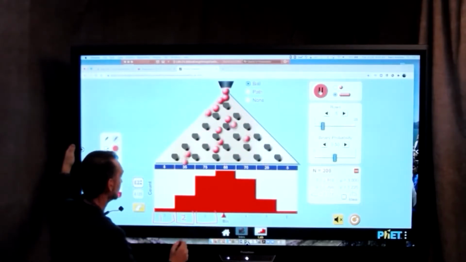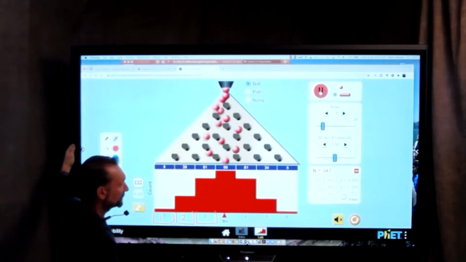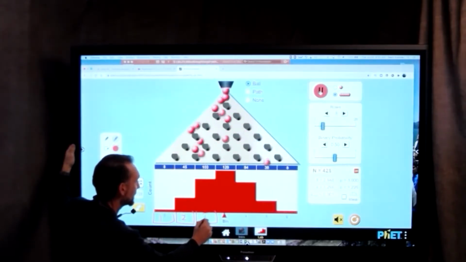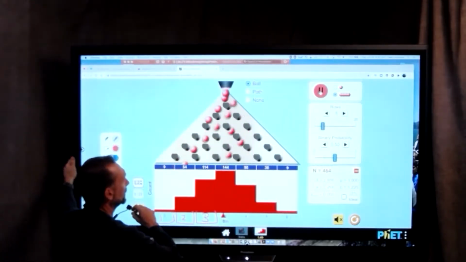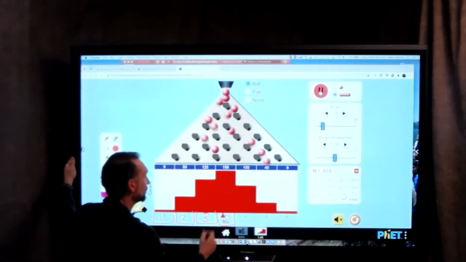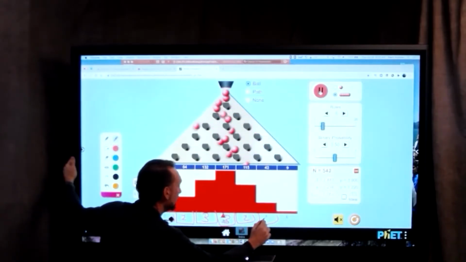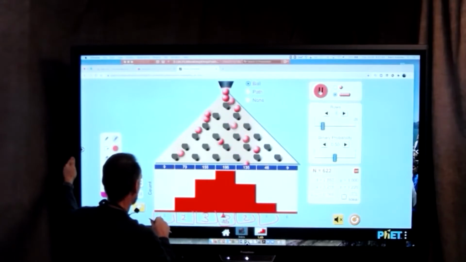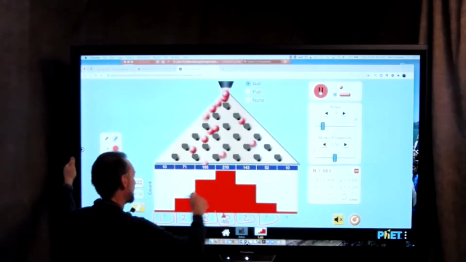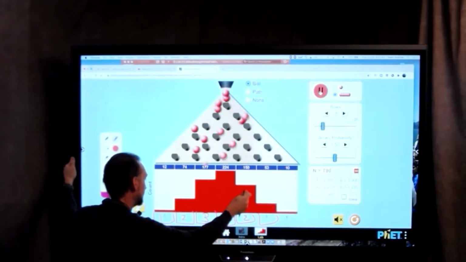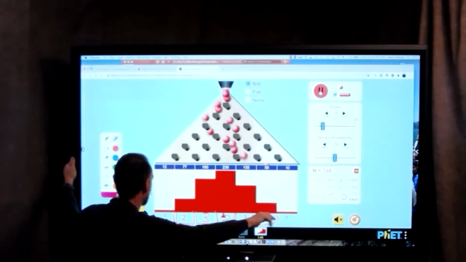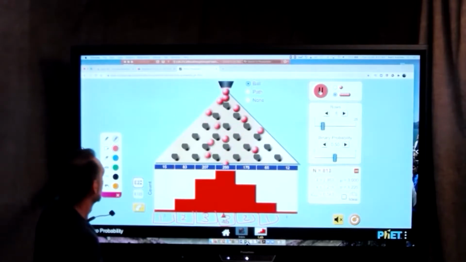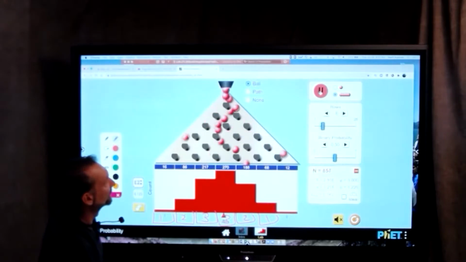This is the bin where you have 3 on each. 1 on one side, 6 on the other. 2 on one side, 4 on the other. 3 on one side, 3 on the other. I have 7 bins. Why do I have 7 bins?